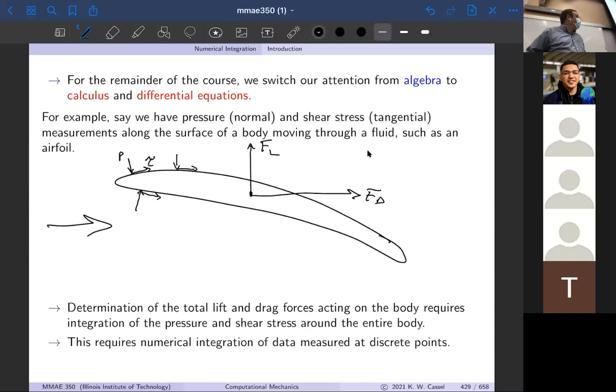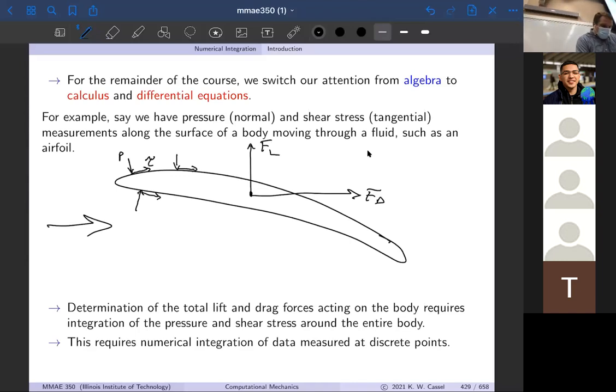In order to get the lift, I need to add up all of the pressures and all of the shear stresses around the entire airfoil, and take the vertical component of all of those. That's the lift. Likewise for the drag, add up all the pressures and tangential shear stresses all the way around, and I take the horizontal component, and that gives me the drag force.